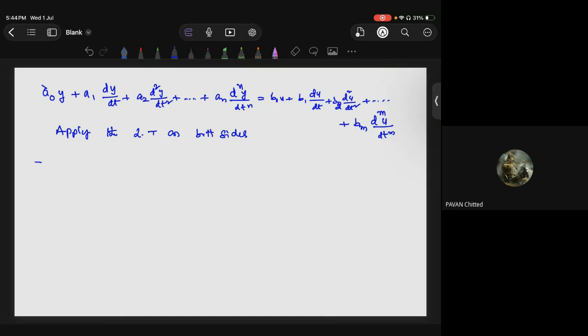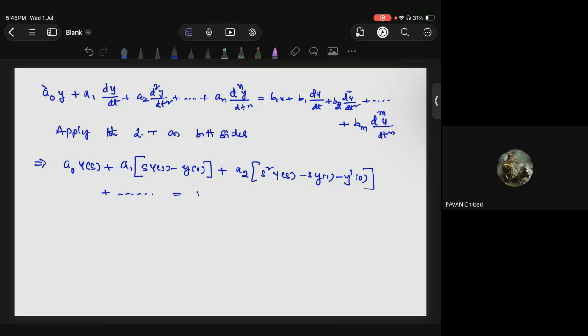When you apply it individually, what do you get? a naught y of s plus a1, and this one is going to be s y of s minus y of 0. Correct? Similarly, the next one, a2 times s square y of s minus s y of 0 minus y dash of 0. Am I correct? And so on.